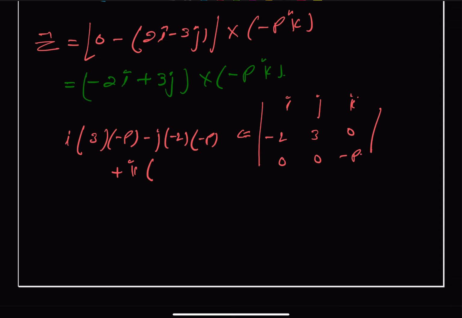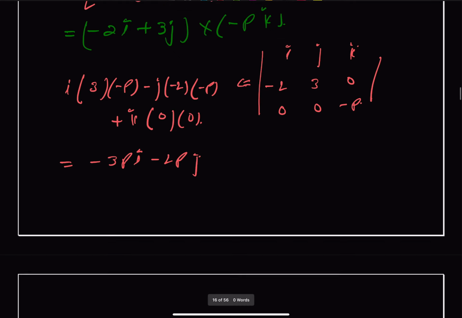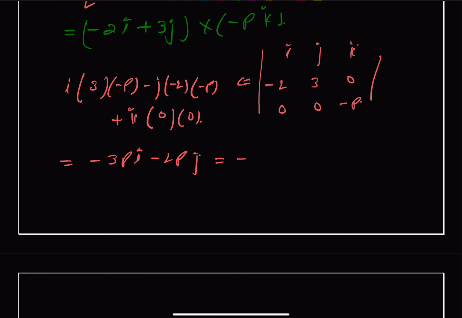For k it will be 0 comma 0. So this comes as minus 3p i and this will be minus 2p j, and minus p we can take common, so this comes as 3i plus 2j.